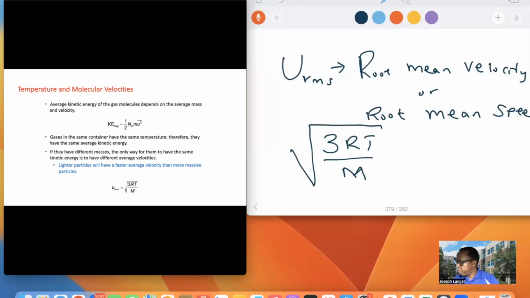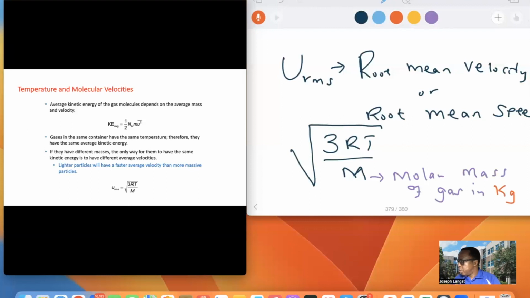M stands for the molar mass of the gas in kg. So you need to change the mass to kilograms. I'm going to explain why you need to change the mass to kilograms.